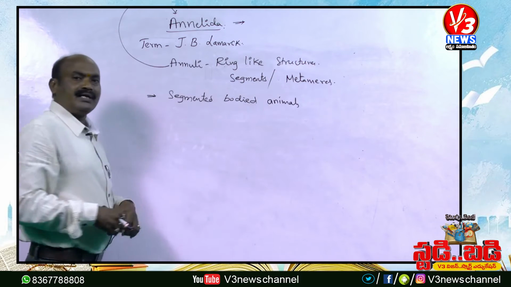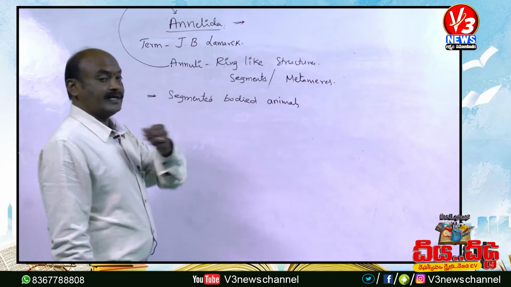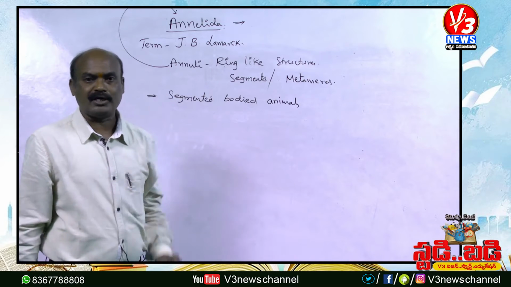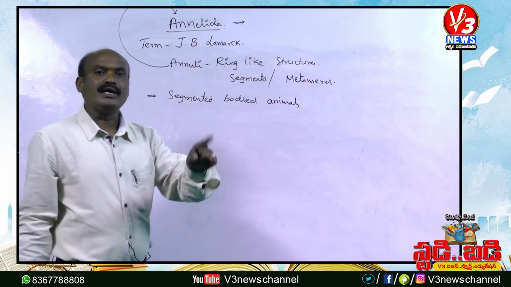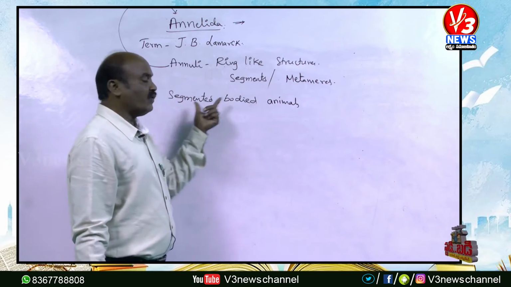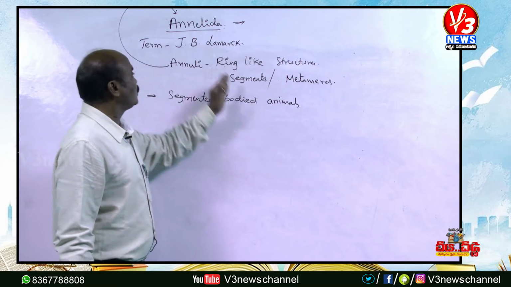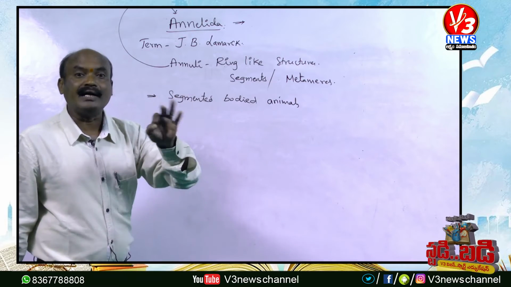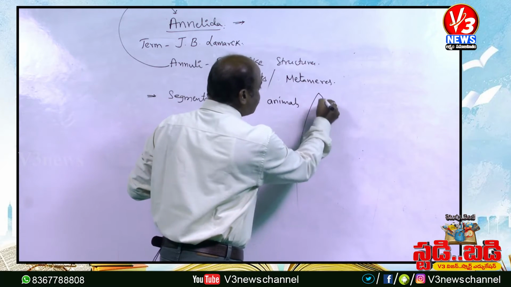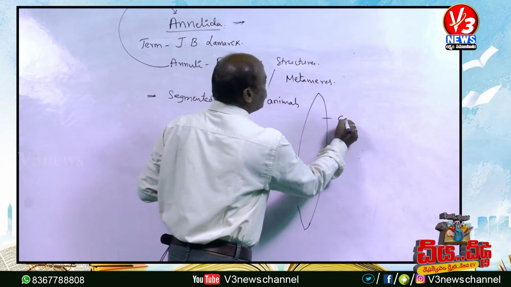We are comparing the three groups: flatworms, roundworms and annelids. In flatworms, the body is unsegmented. In roundworms, the body is unsegmented, whereas in annelids, the body is segmented. Segmented bodied animals belong to the phylum Annelida. Here this is the body of an annelid. The body cavity is called coelom.